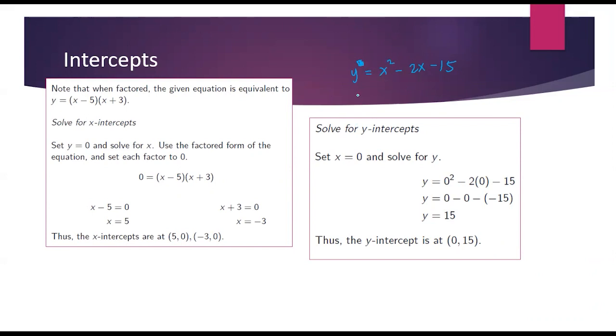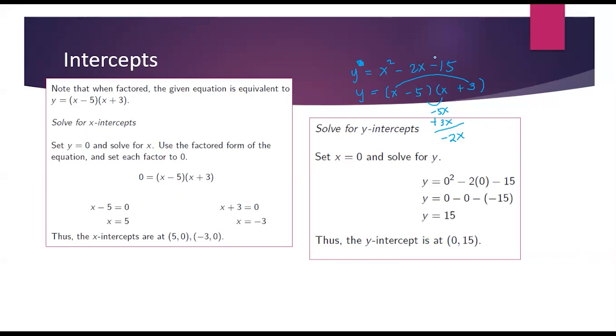If you factor this, I have x and x for x squared, and for negative 15, let's try the factors negative 5 and positive 3. Check the middle term: negative 5x plus 3x adding together gives negative 2x, which is our middle term.